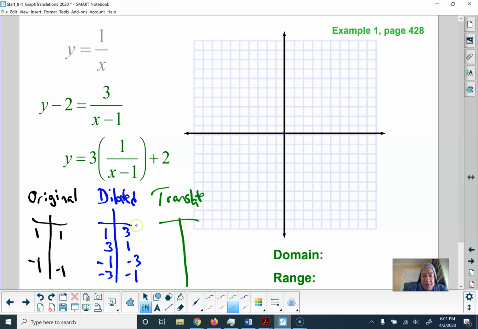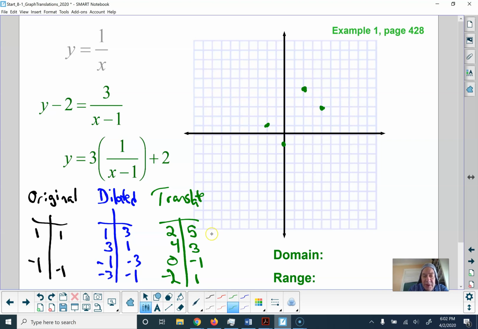Up 2, so these points become (1, 5), (3, 3), (-1, -1), and (-3, 1). And to the right 1, so this becomes (2, 5), (4, 3), (0, -1), and (-2, 1).